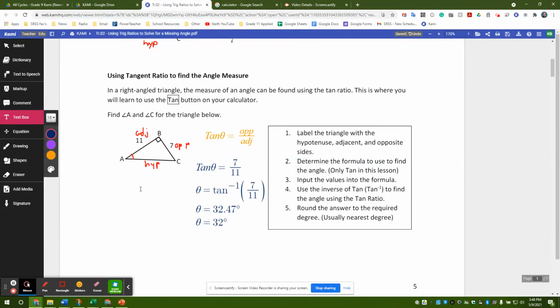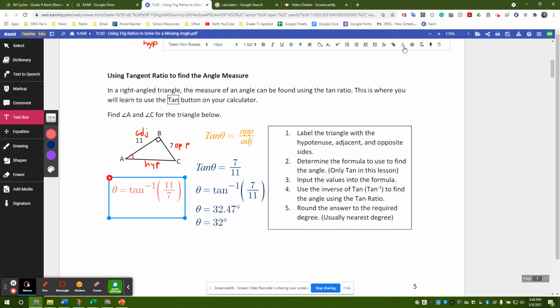I'm going to use that ratio to find angle C. This is angle A. For angle C, I'm going to plug it in a little bit differently here. Angle theta is equal to tan -1 of 11/7.